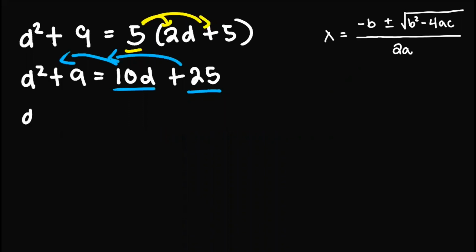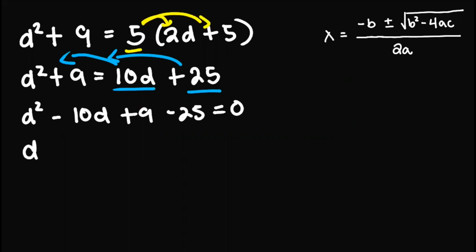So we'll have d squared minus 10d plus 9 minus 25 equals 0. Simplifying, 9 minus 25 is negative 16, so we have d squared minus 10d minus 16 equals 0.